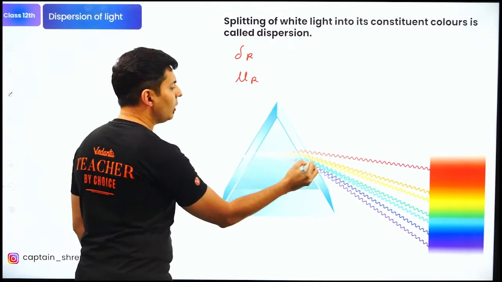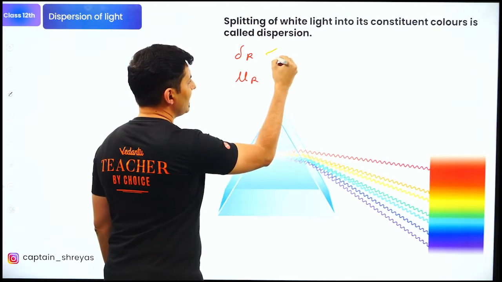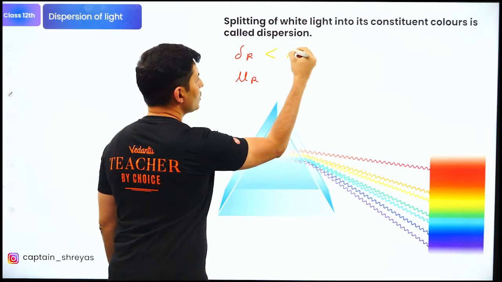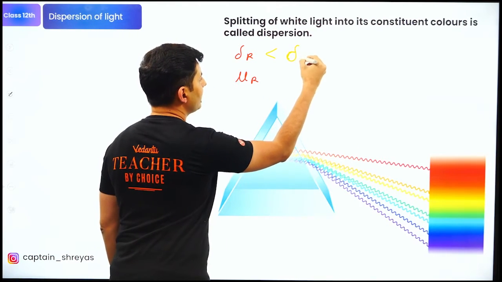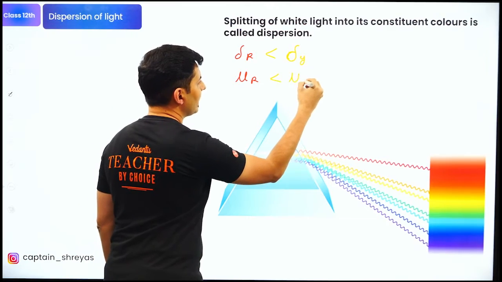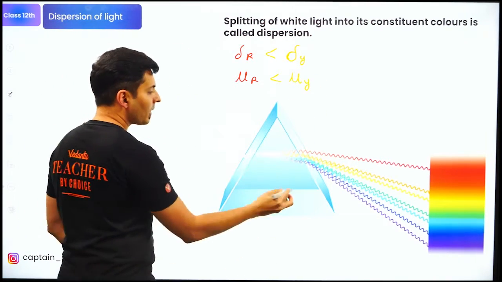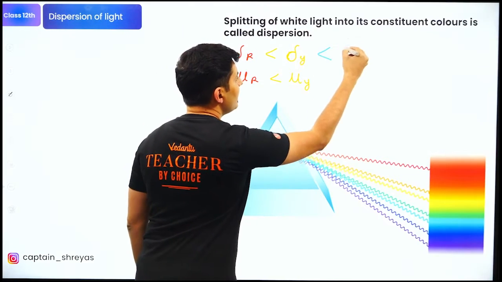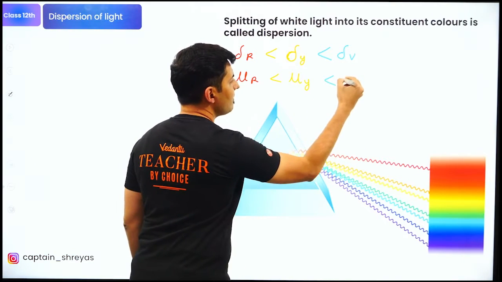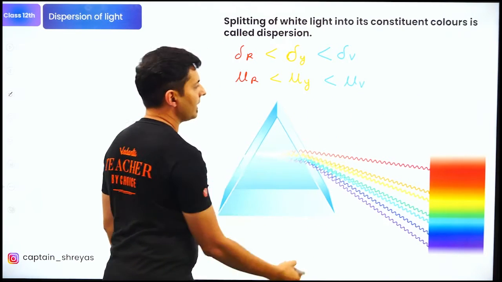Then you have the yellow color, which is somewhere in between, with slightly higher deviation. That means the refractive index of yellow is also slightly higher than that of red. And for violet color, the deviation is the highest, hence the refractive index is also the highest.